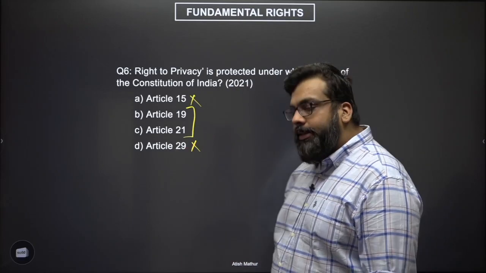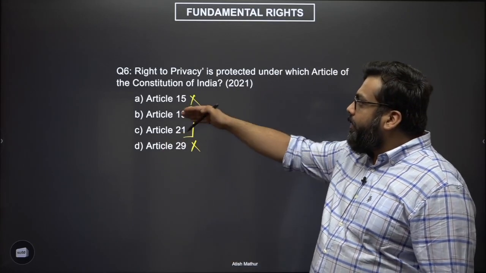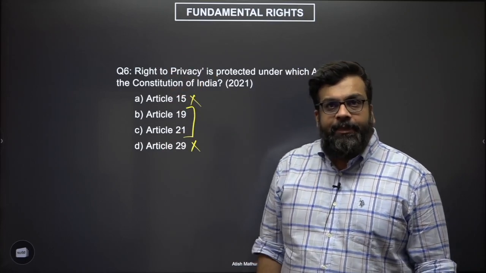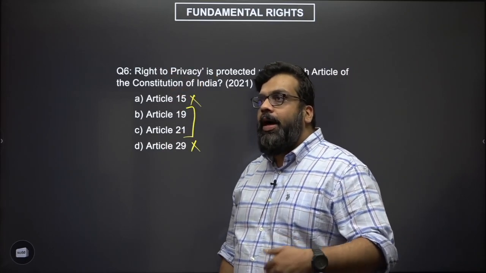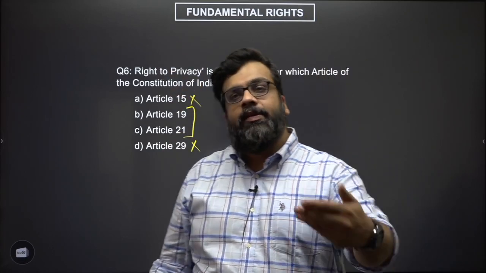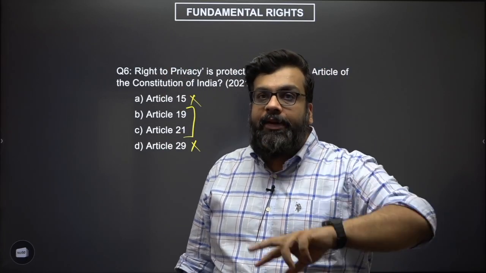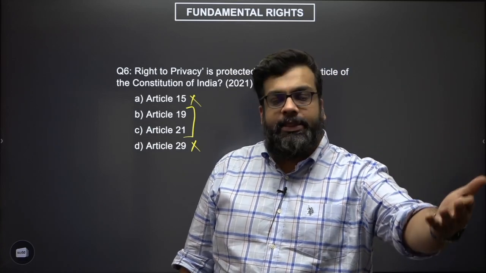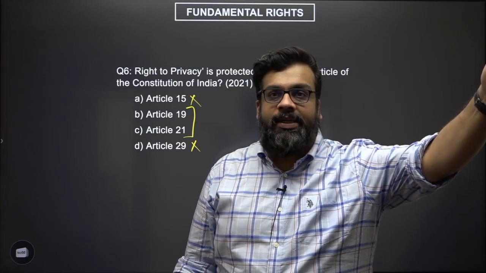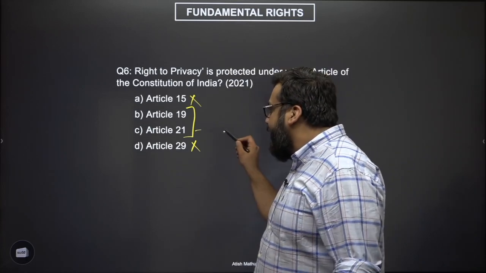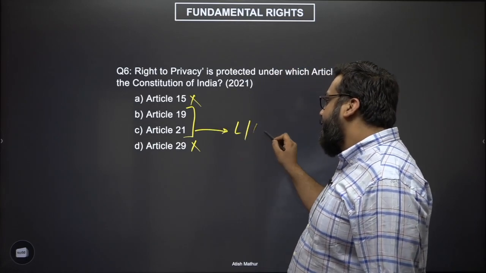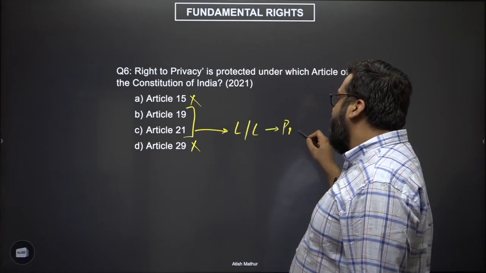Now, of course, 19 also has a relationship with privacy. For example, if you are performing surveillance on journalists, you're violating the privacy of journalists, therefore compromising their freedom of expression. But that is a correlation. A direct interpretation of life and liberty is a violation of privacy.